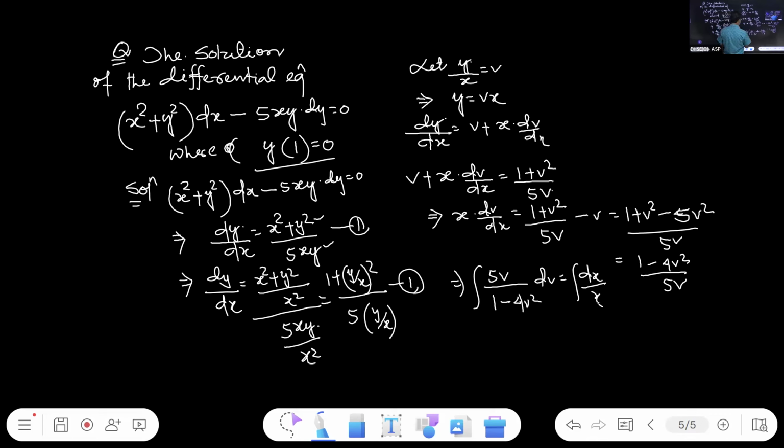So we can write this as minus 5 by 8 into minus 8v divided by 1 minus 4v square into dv equals dx upon x. Now substitute 1 minus 4v square is equal to z. Sorry.